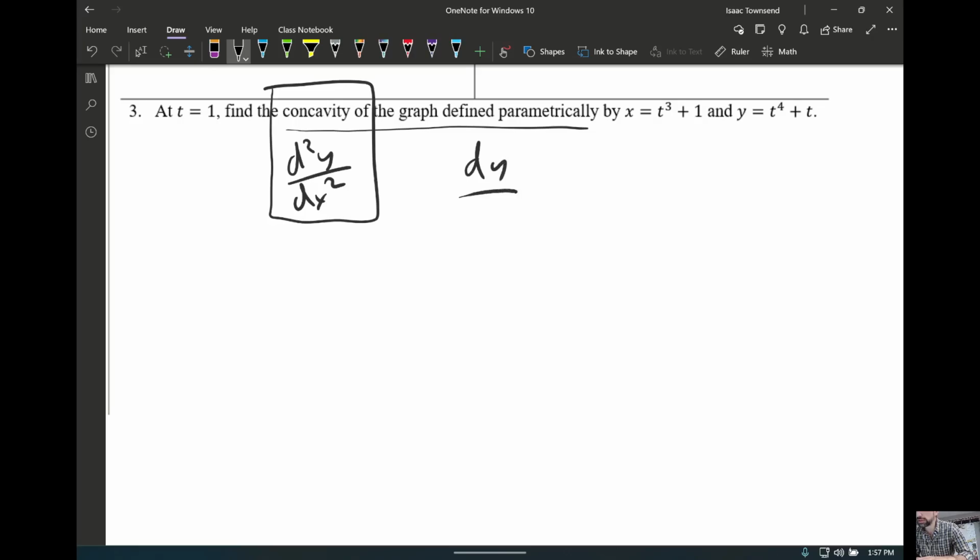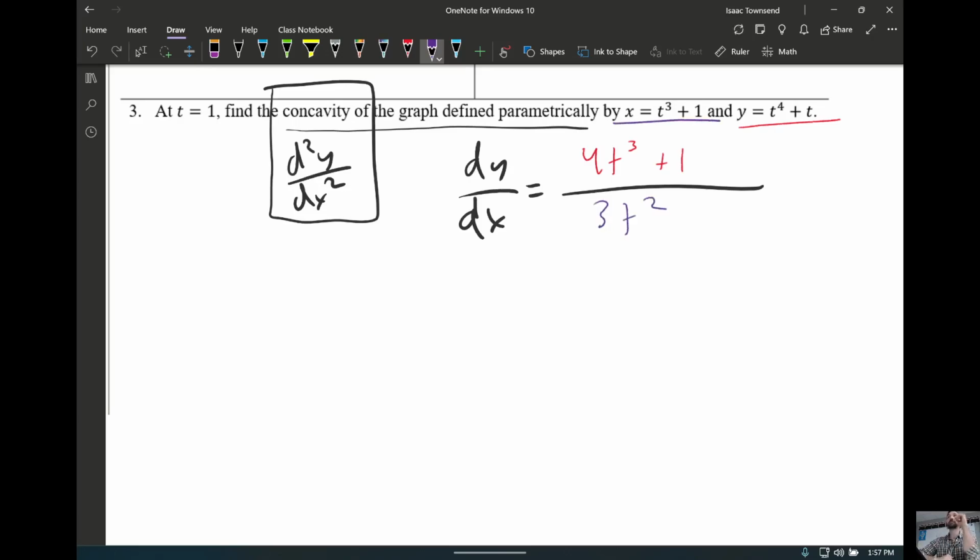So just like we did on the first two questions, except this one's more of an application, dy dx is going to come from dy dt divided by dx dt. And I guess you could split apart that fraction if you want to, if you think it's easier.